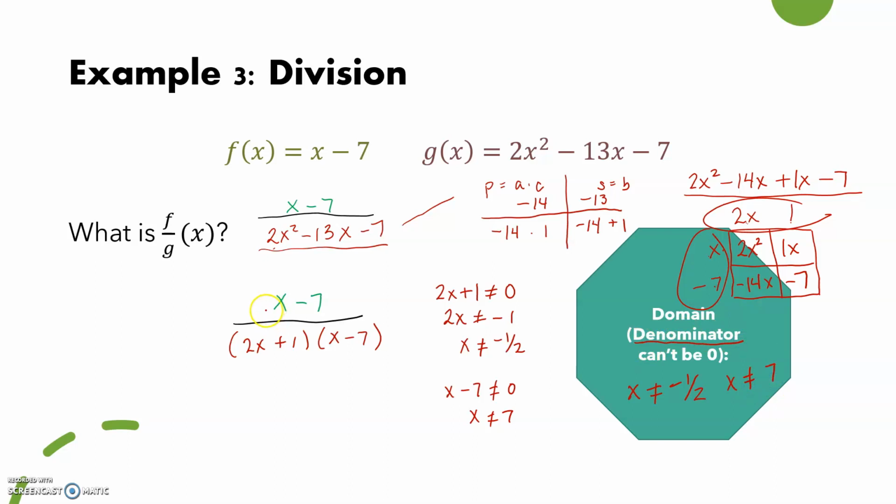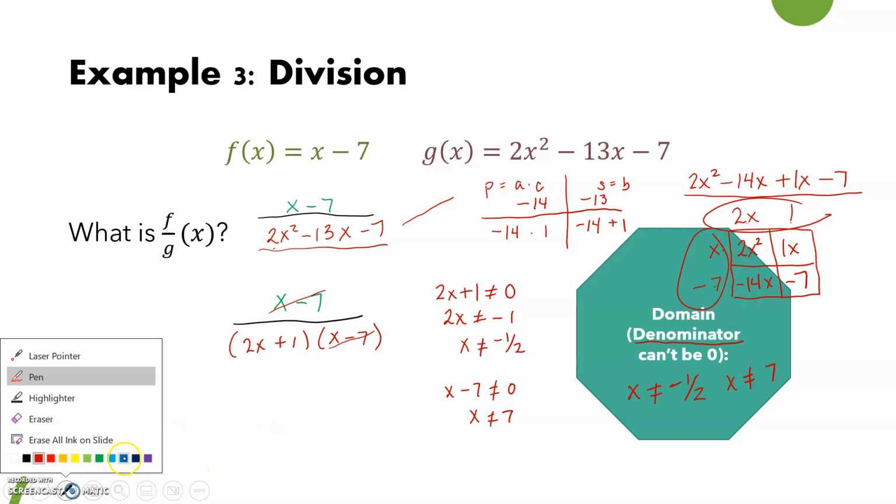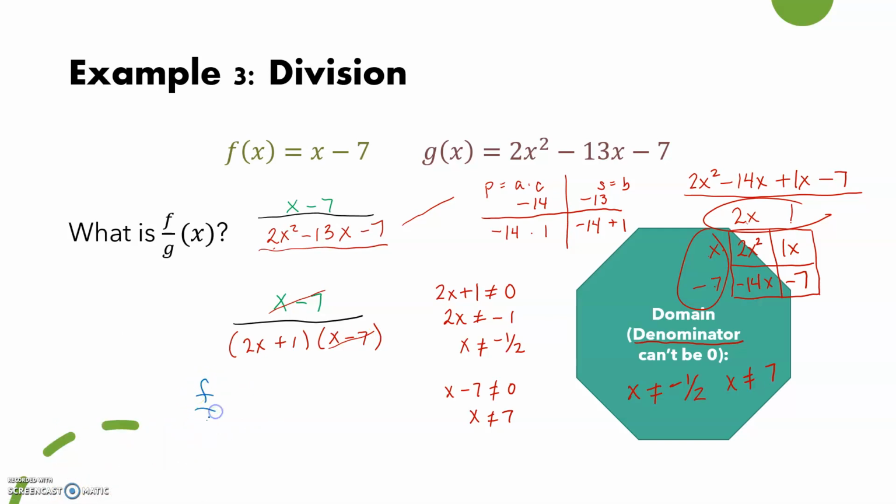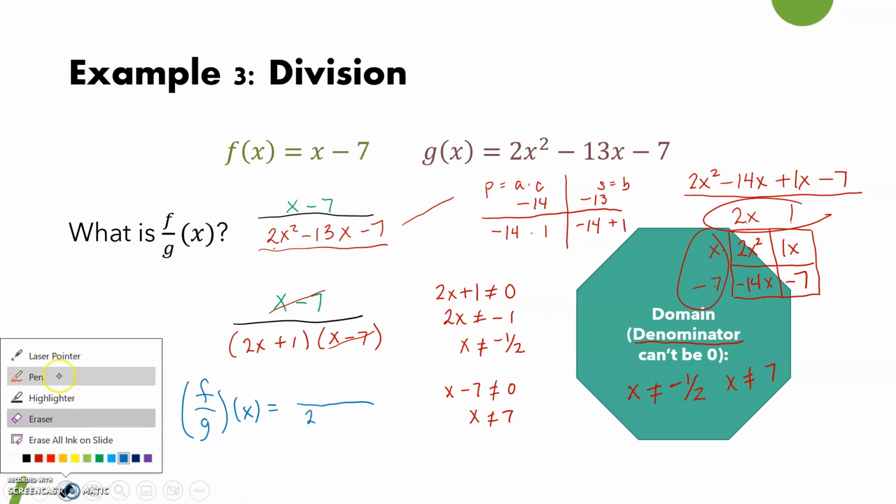Now, the other thing I notice is that I can simplify this. X minus 7 can cancel out with x minus 7. And then my final answer, my f divided by g of x, would be 2x plus 1 in the denominator.